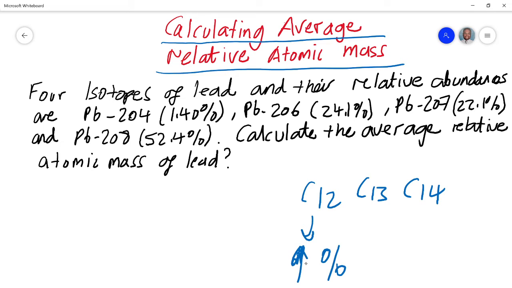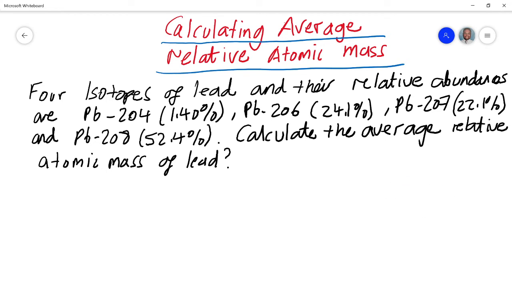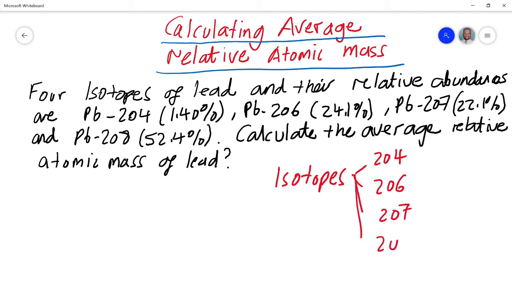So when you look at this question above, I'll just read it out. Four isotopes of lead and their relative atomic abundances are Pb204 1.4%, Pb206 24.1%, Pb207 22.1%, and Pb208 52.4%. So we've been given the 4 isotopes: 204, 206, 207, and 208.